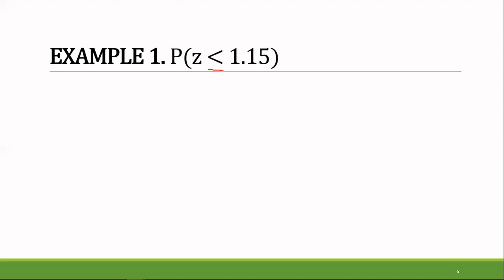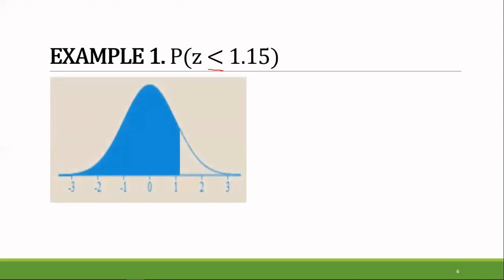So, the probability that z is less than 1.15. This is the normal curve, the representation of the normal curve for our given. 1.15 is somewhere here. The region for the z value is less than 1.15, so this is the area or region. We need to get the value using the z table.